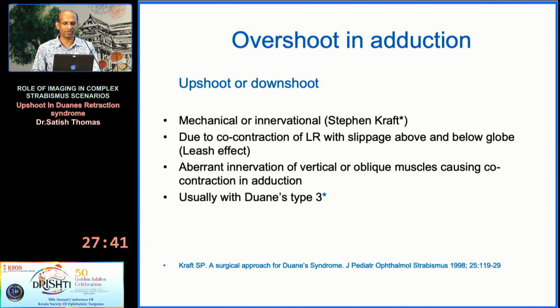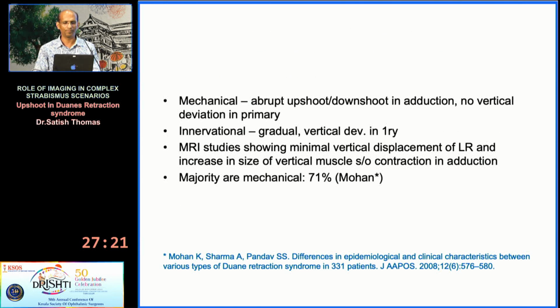It is called a leash effect. And the innervational type is believed to be due to aberrant innervation of the vertical or the oblique muscles along with the contraction of the medial rectus. And this is usually found in Duane's type 3, but it can also be found in the other types like in the one we saw here.